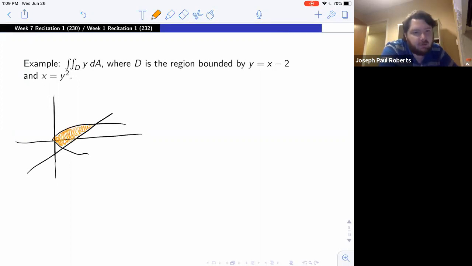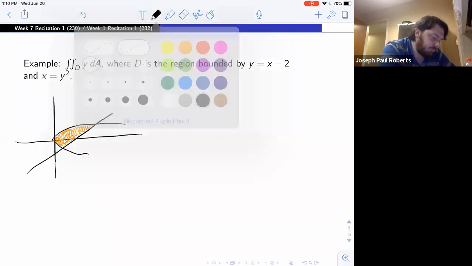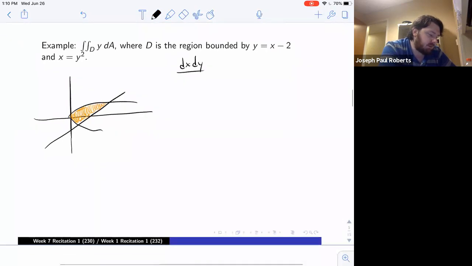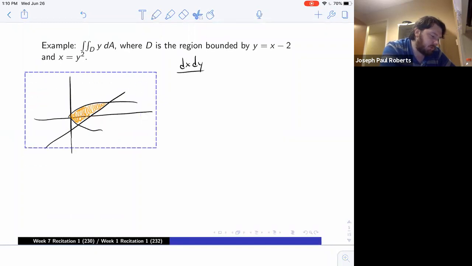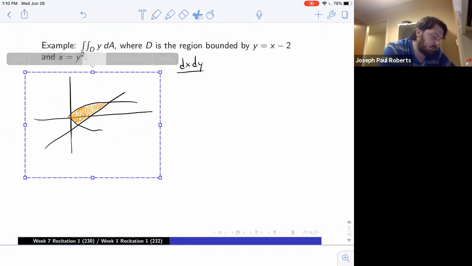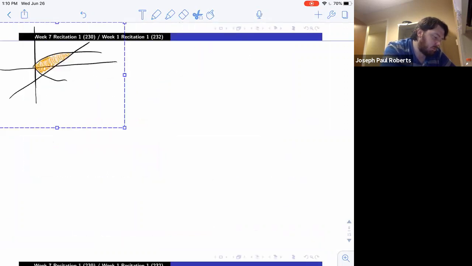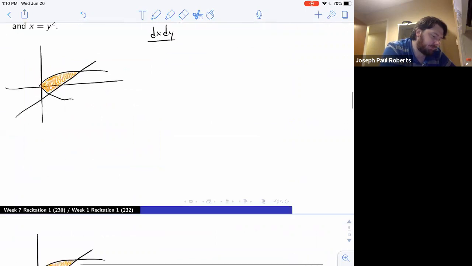And so what I'm going to do is show you how to do this in both dx dy and dy dx, and we can decide which way is better. So let's actually do dx dy first. Before I do this, let me copy this and make a duplicate for when we do dy dx.